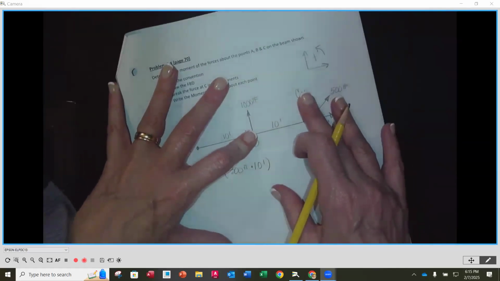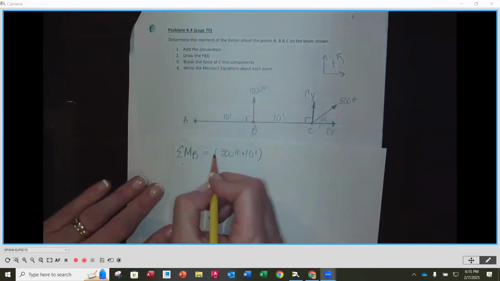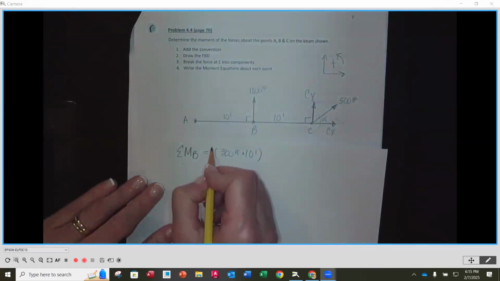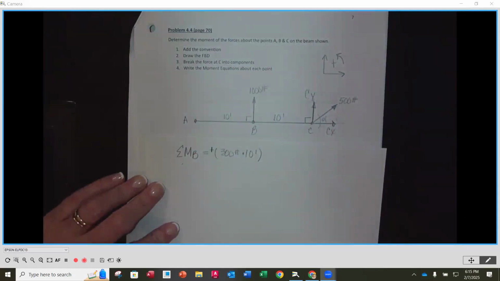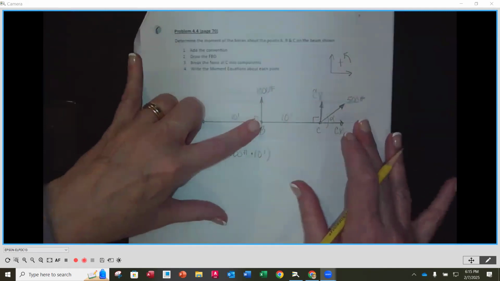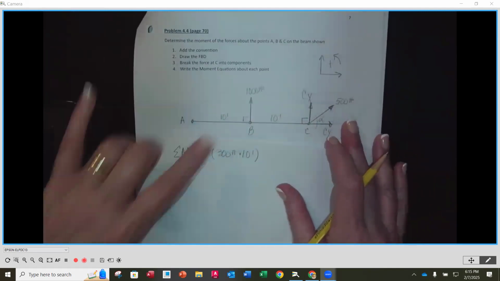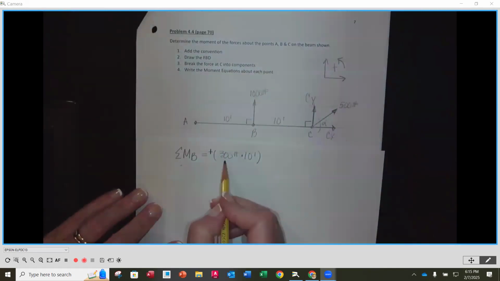So CY is going to be a positive counterclockwise direction. Now, as we look at CX, it does not cause rotation, so it's not going to be included. So the only force offset causing rotation is going to be the 300 times the 10 feet.